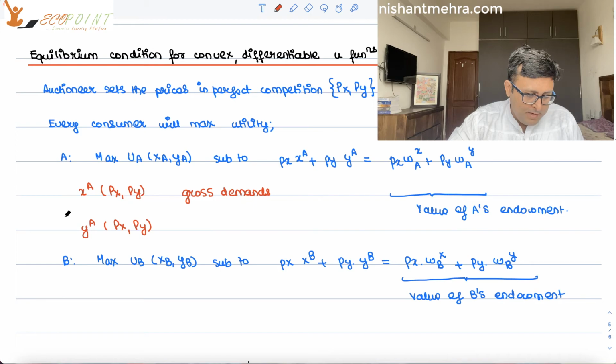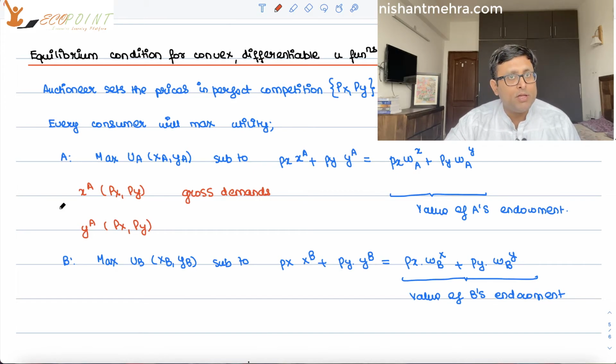And I am also endowed with some amount of X and some amount of Y. So supposedly if I'm endowed with 2 units of X and I'm demanding 5 units of X, so my gross demand for X is 5, while my net demand or excess demand for X is 3. So these are my gross demands.